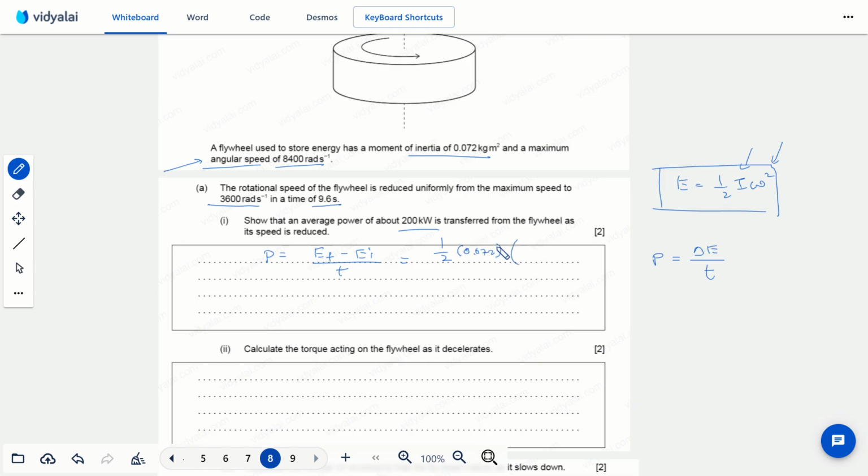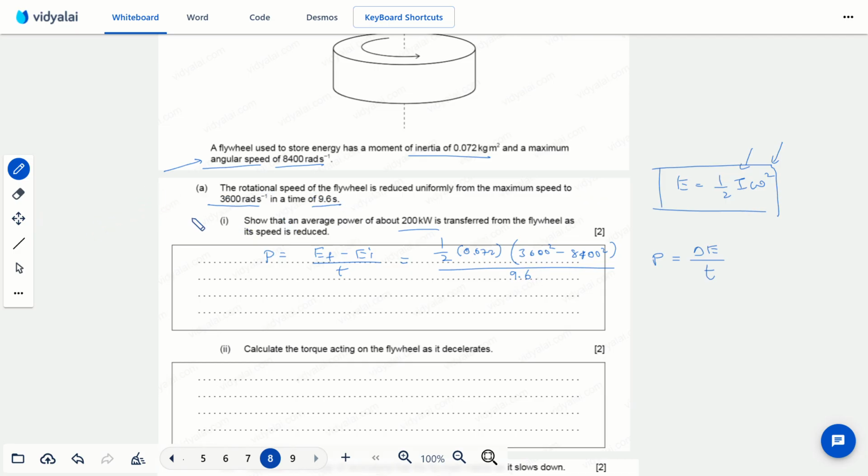And EF is the final rotational kinetic energy. I need to write down the final value of omega square. It's 3,600 squared minus 8,400 squared. Divide all these terms by 9.6, the time during which this change has occurred.